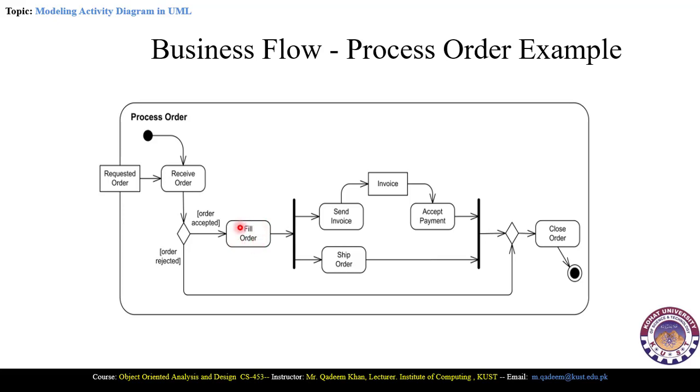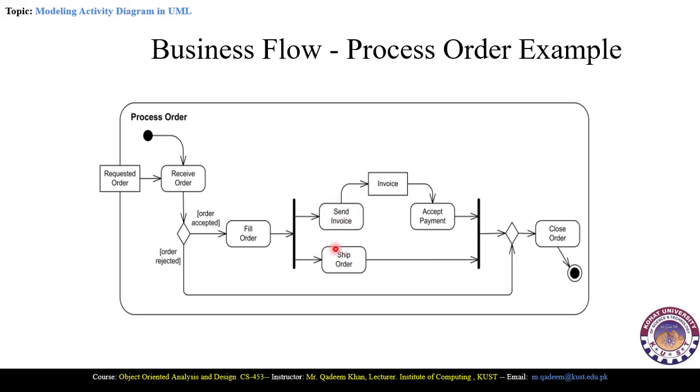Here the customer will fill a form that contains different sorts of information like customer name, customer address, etc. Then there is the join operation here, and then send invoice and ship order will be called here.